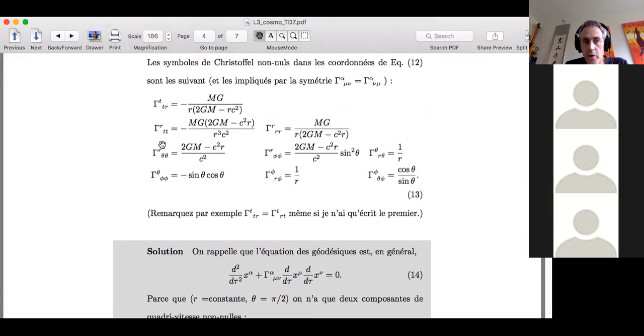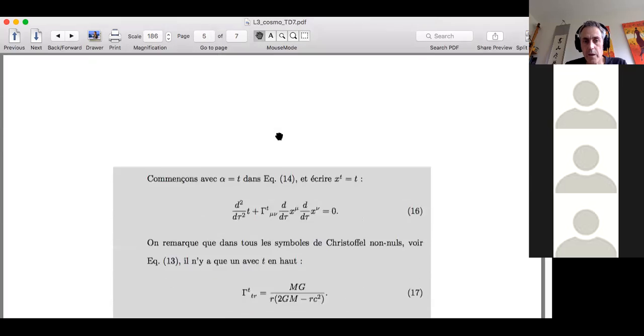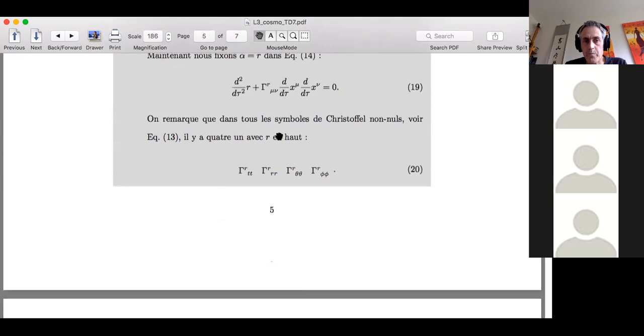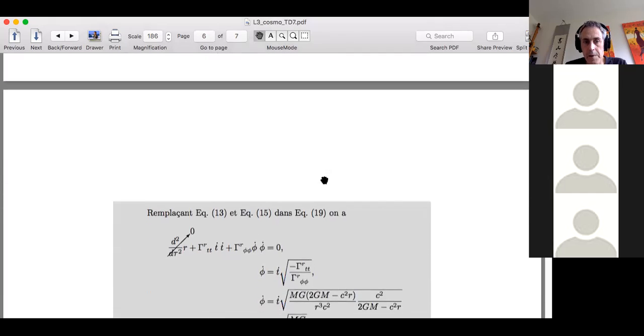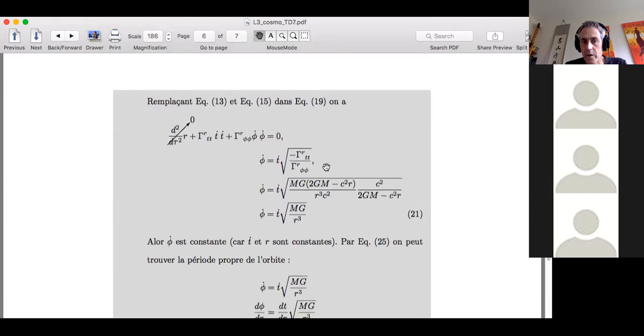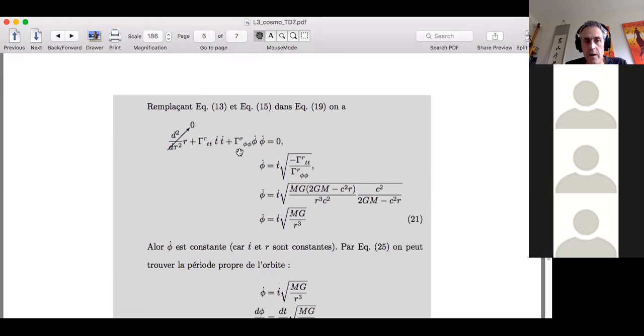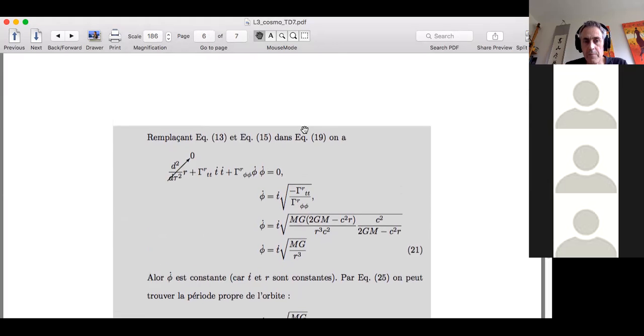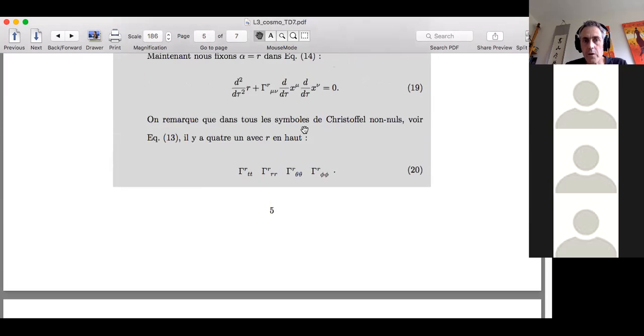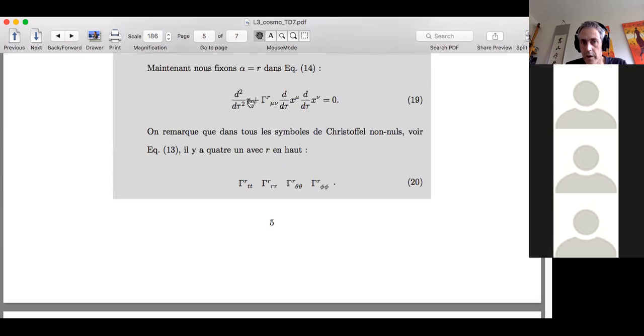So we look for r on top. See, we have all 4 of them. They all have the double coordinates at the bottom. So here they are. We're not too concerned about their values, but you just plug that into the geodesic equation with r here.